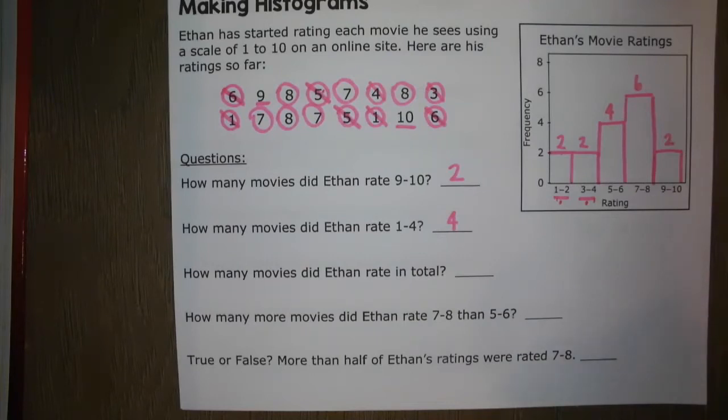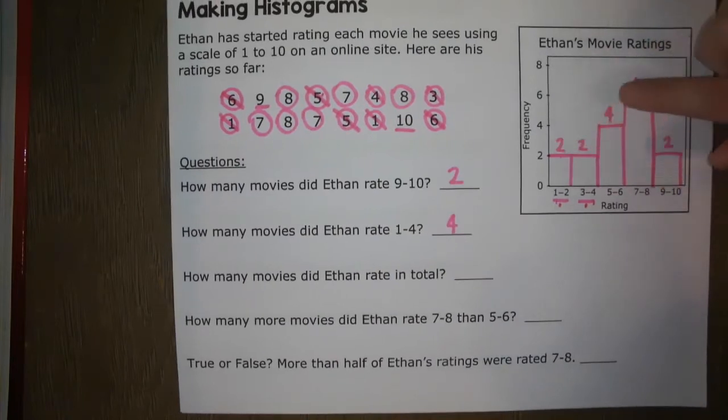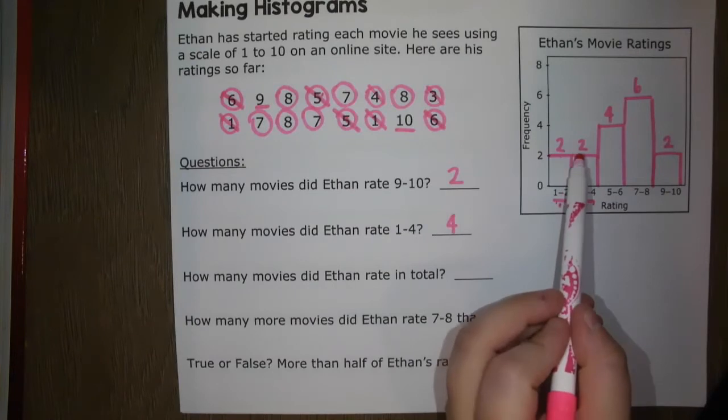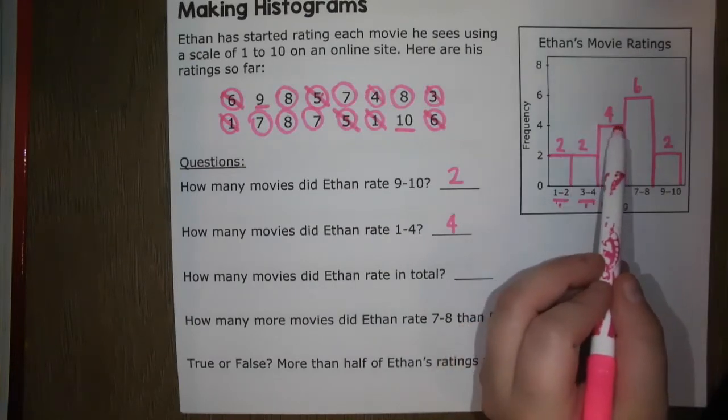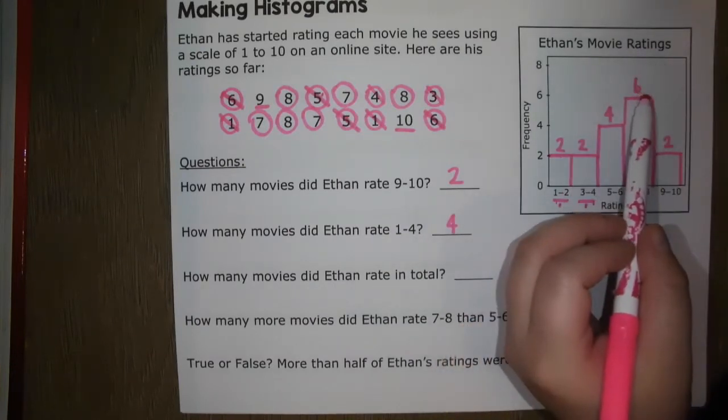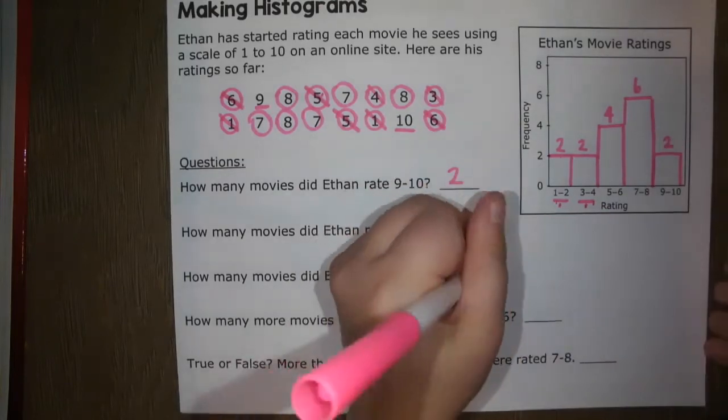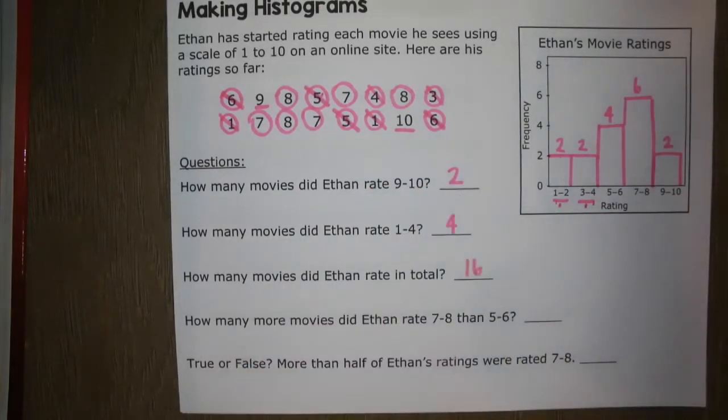So if that's how frequently all the ratings occurred in each bar, if we add them all together, we can have how many total movies he rated. 2 plus 2 is 4, plus 4 is 8, plus 6 takes us to 14, plus 2 takes us to 16. So we have 16 total movies.